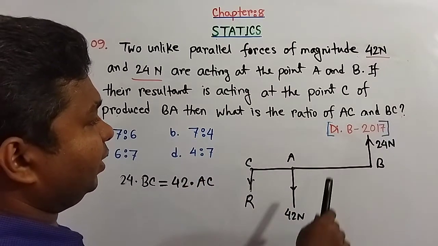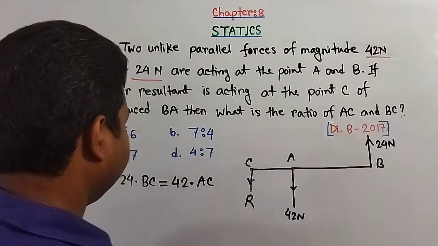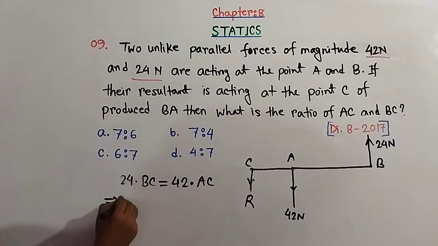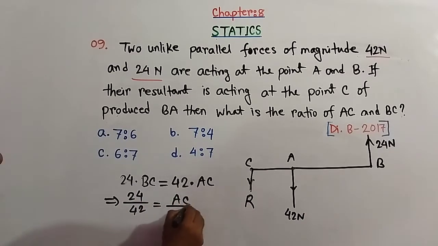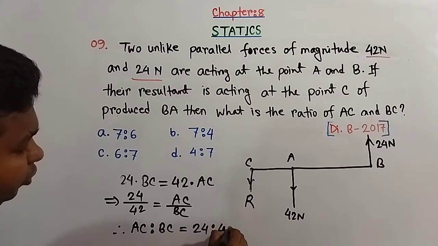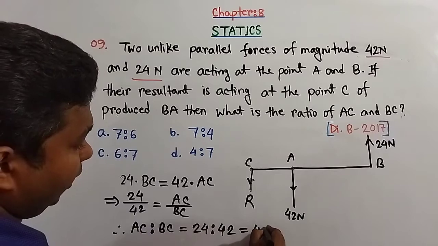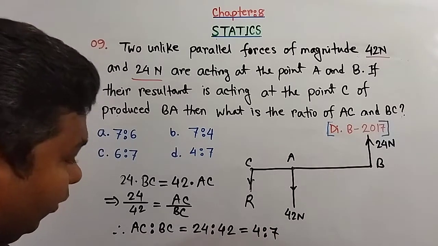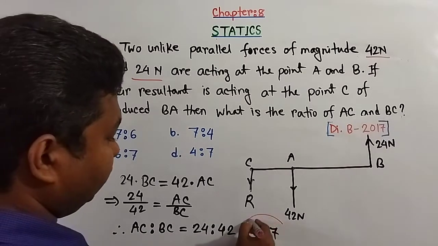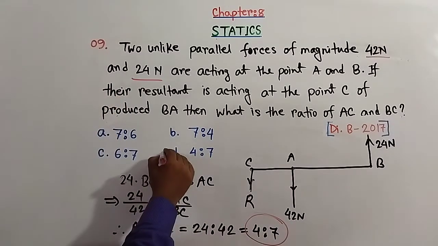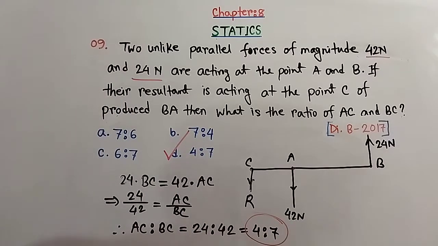So we can write 24 by 42 equal to AC by BC. Therefore AC is to BC equal to 24 is to 42. Then dividing by 6 we get 4 is to 7. So our required answer is 4 is to 7, that is option D.